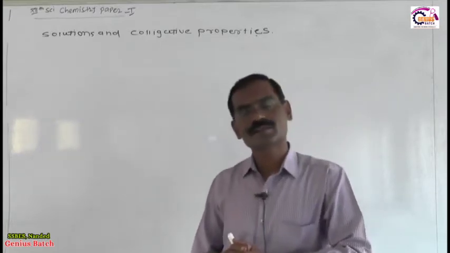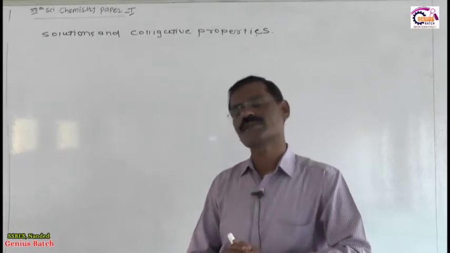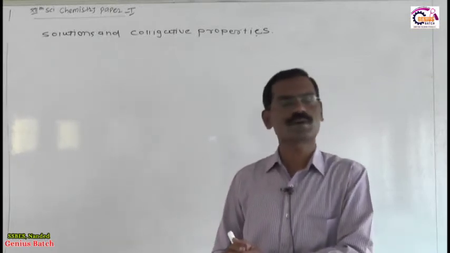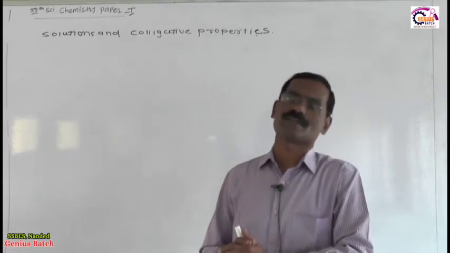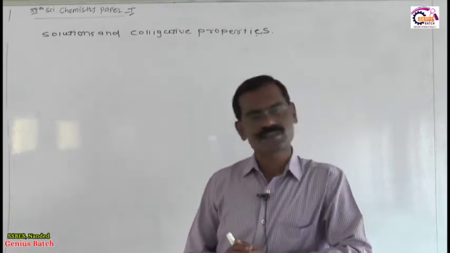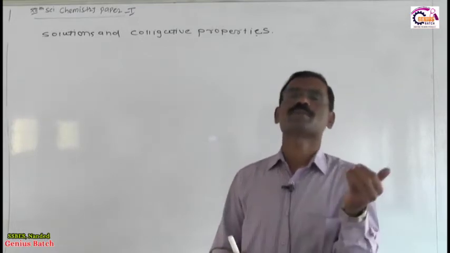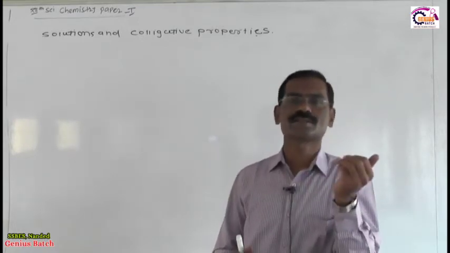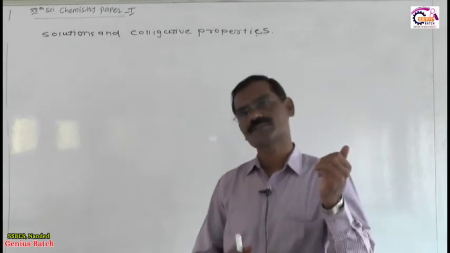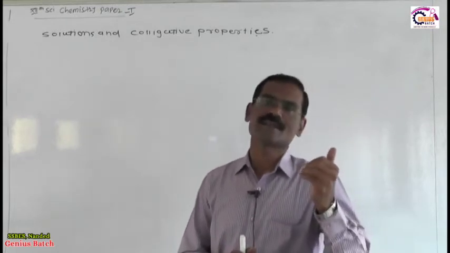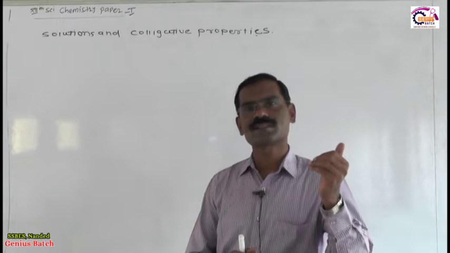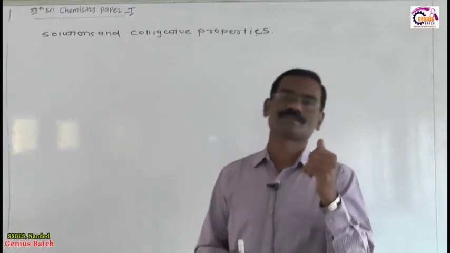After completing the methods for expressing the concentration of a solution, the next and very important part is the colligative property. In your syllabus, you have four colligative properties: elevation in boiling point, depression in freezing point, osmotic pressure, and finally another very important colligative property, the lowering of vapor pressure.